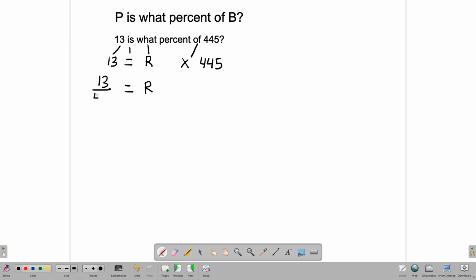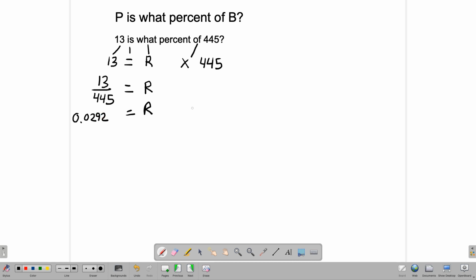So it's saying 13's already there, so divide it by 445. And this is going to produce our rate. So we have 13 divided by 445 produces a value of 0.0292.